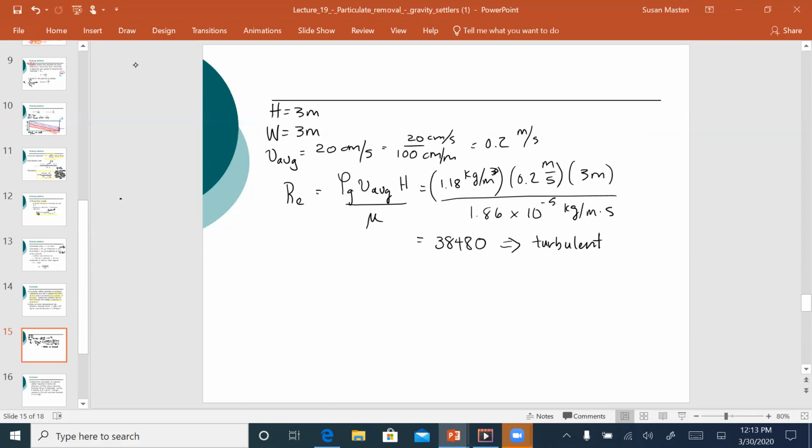So with this type of situation, if we reduce the average velocity to 0.01 meters per second, so 1 centimeter per second, that would achieve a Reynolds number of about 1900. We would have laminar flow.